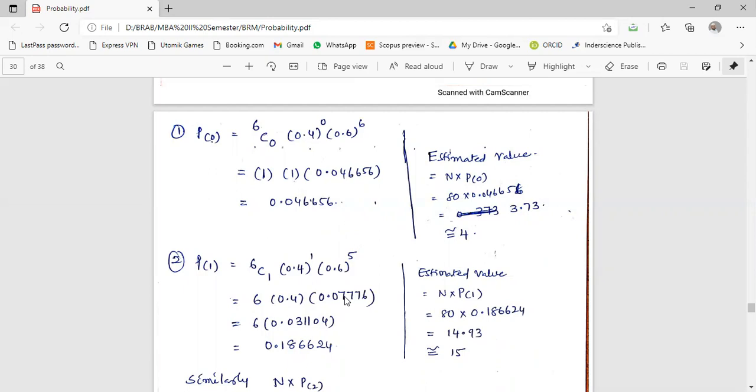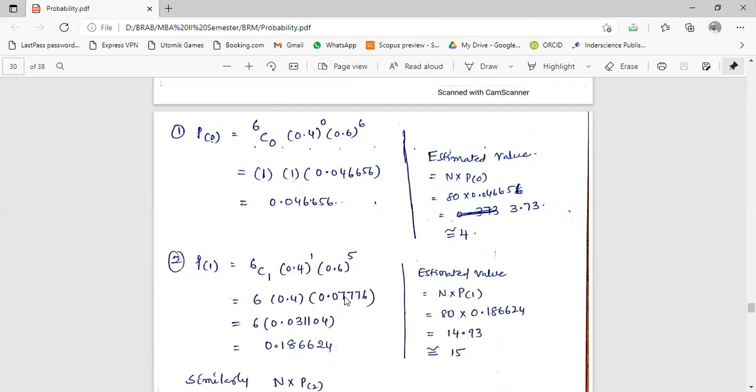So 6C1, if you solve the value, you will get 6. It is also a shortcut: nC1 is equal to n. So 6C1 is equal to 6. Now 0.4 whole power 1 is the same 0.4, and 0.6 whole power 5 means 0.07776.